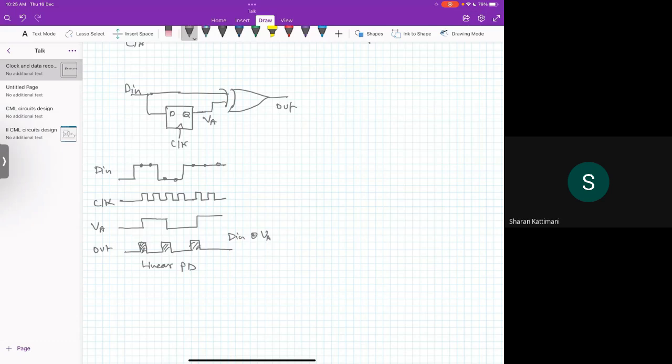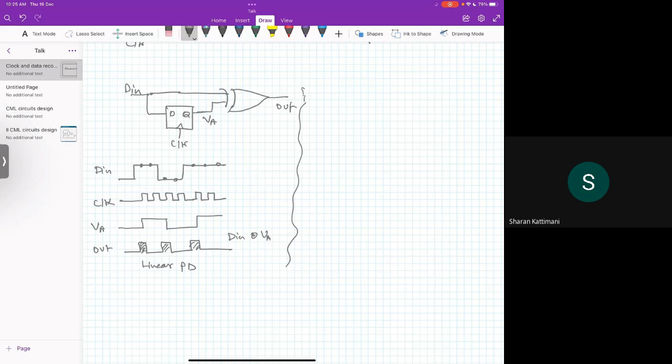The problem in this particular circuit is that it is very much dependent on the data density. Here you can see that wherever there is fluctuation, based on that VA is actually operating.